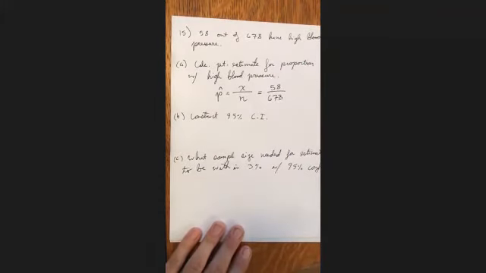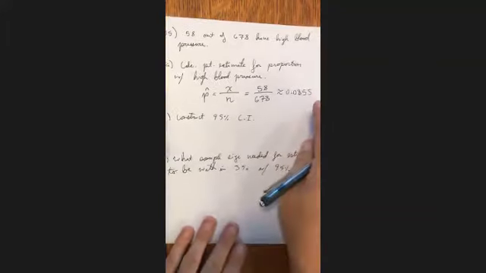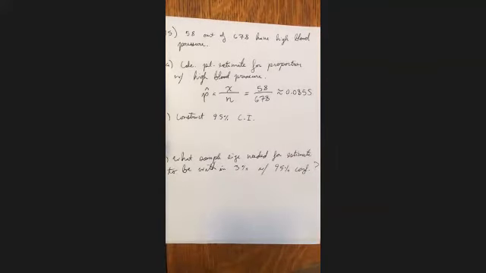And if you punch that into a calculator, you get roundabout 0.0855. Okay, so point estimator, that's always going to be the sample estimator, right? The sample mean or the sample proportion.